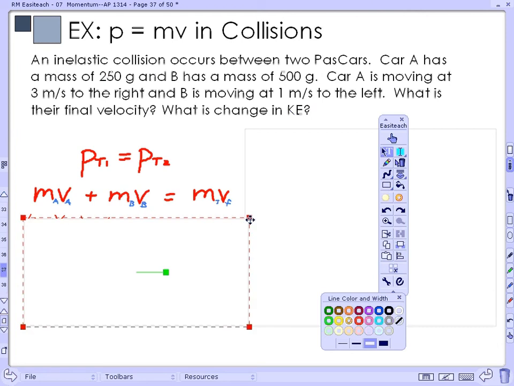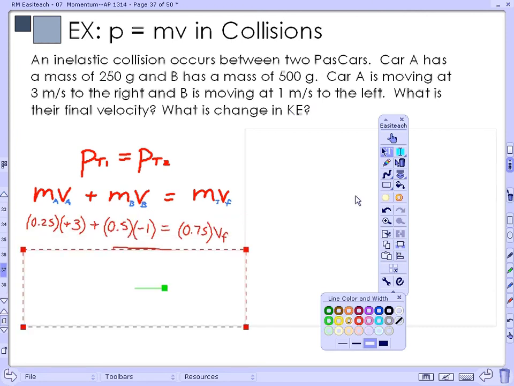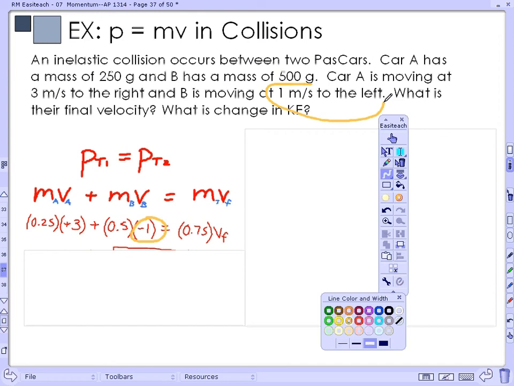Be careful of positives and negatives. Look at this, we got a -1 there, because it says it was moving at 1 meter per second to the left. +3. You don't have to put the positive in, obviously, but because it's to the right, you want to really understand that that's a positive quantity. There's my total mass, and my final velocity is not known.